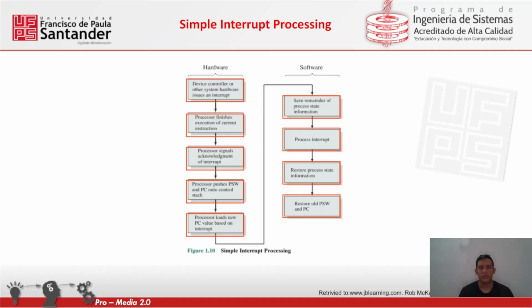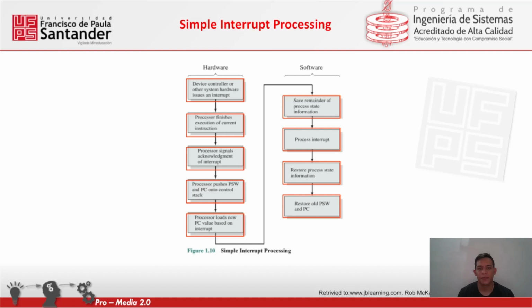Imagine you are using a computer and an external device, like a printer, finishes an important task. In this situation, the following steps occur. The device signals the computer processor that it has finished a task. The processor detects the interruption, acknowledges it, and allows the device to clear it. The processor stores vital information about the running program, like the position and state, in a control stack.